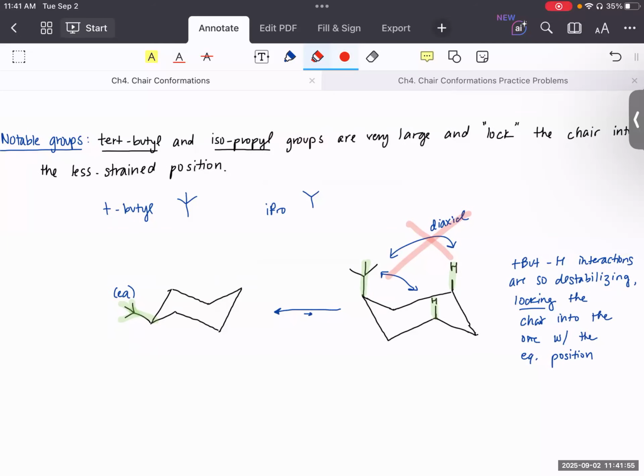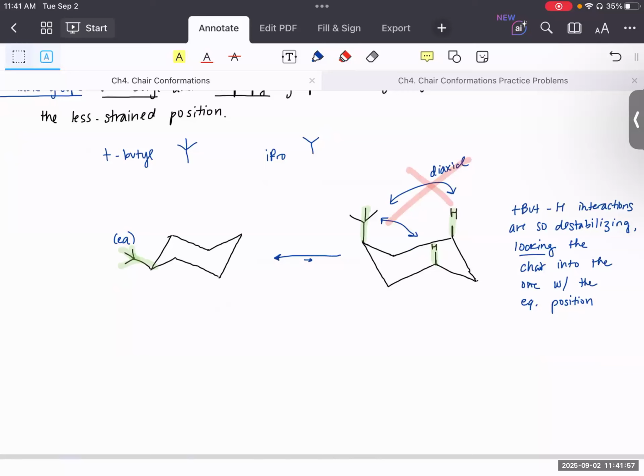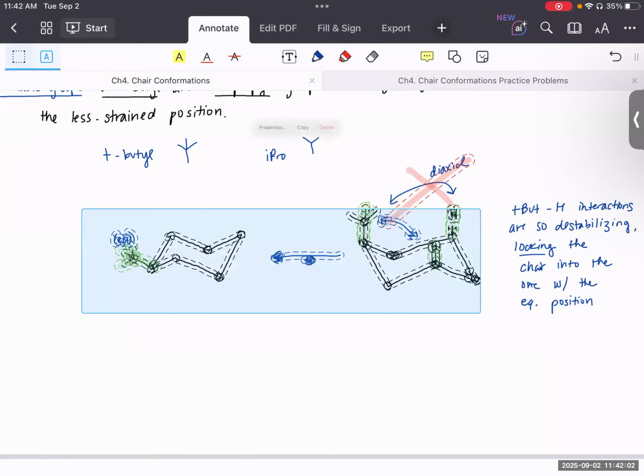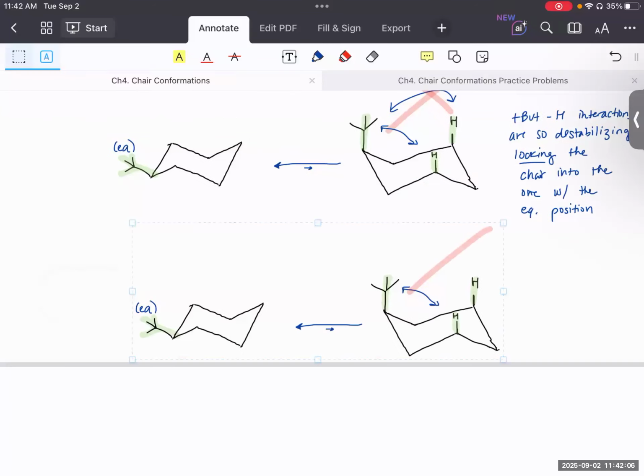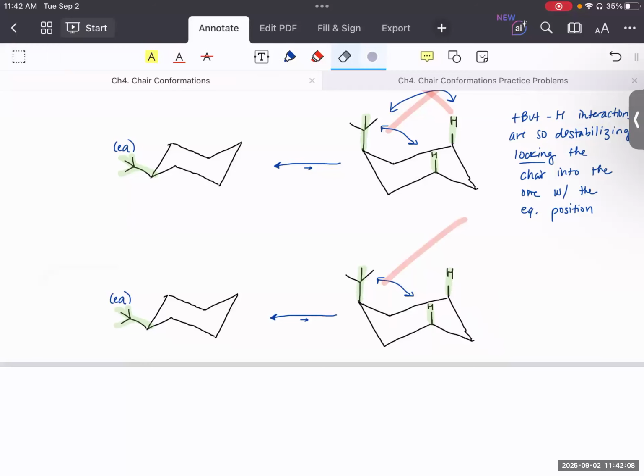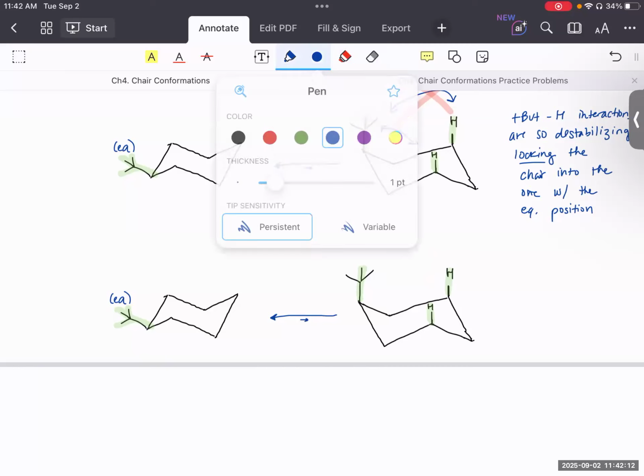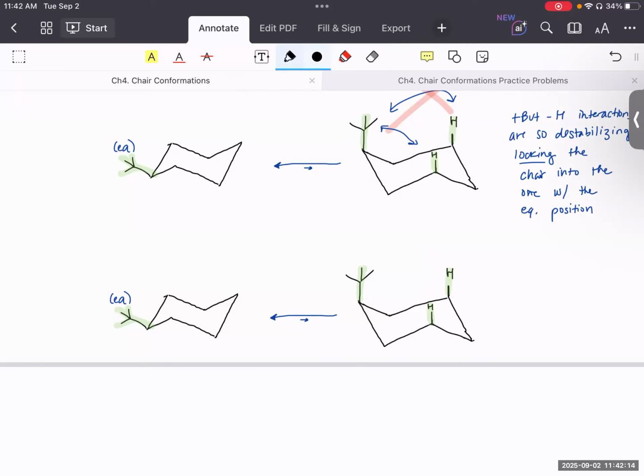And one thing to note is that even if, let's say that we add in some other groups, I'm just going to copy this and draw another potential option. Now, let's say that we have, in addition to those same equatorial groups, some other groups that would be axial in these other structures.